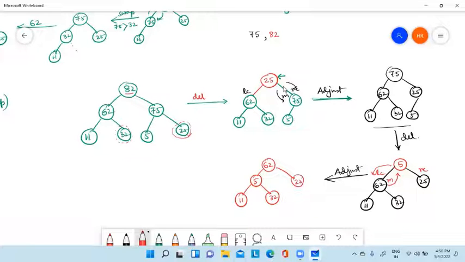Now see, 5 still has not got the proper position. Again, among this left child and right child, which one is maximum? This one is maximum. It will be compared and interchanged. So what you will get? You will get 62 at the top, and here 32, this side 11, this side 5, this side 25. Again it is a max heap.